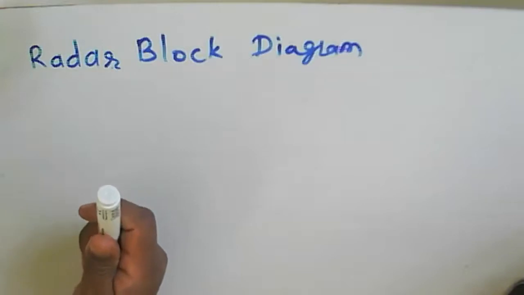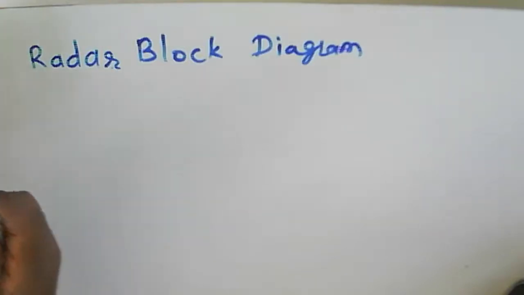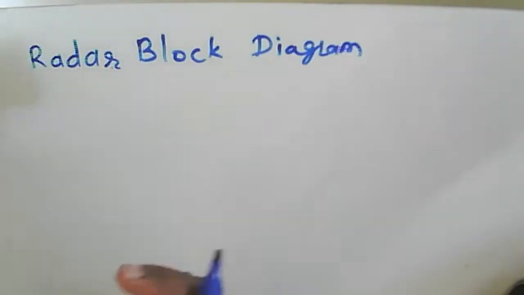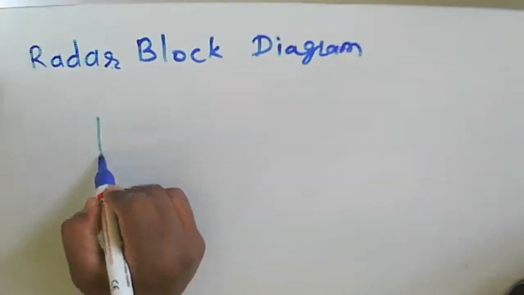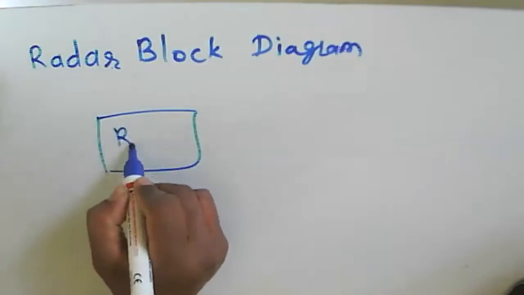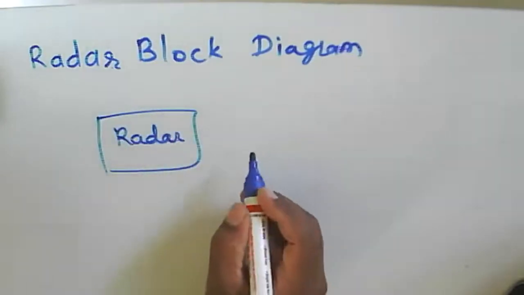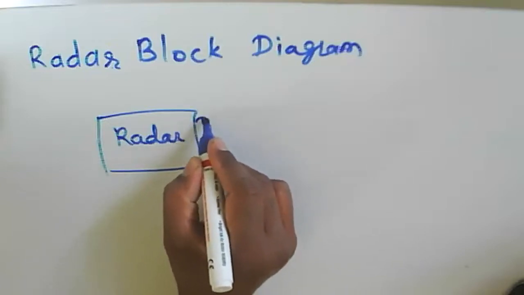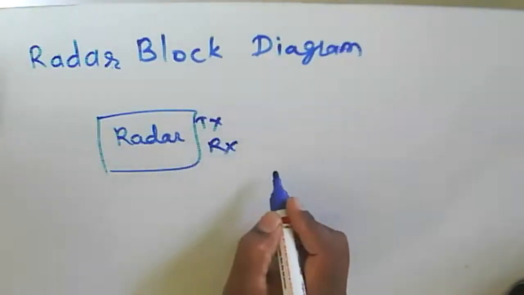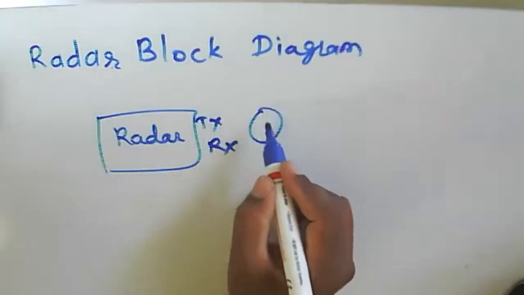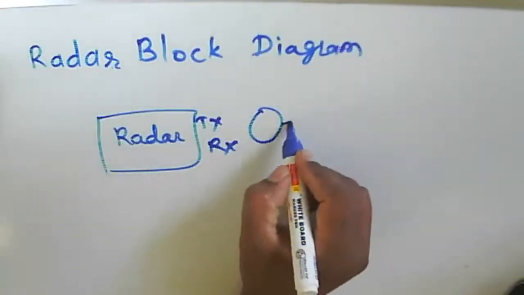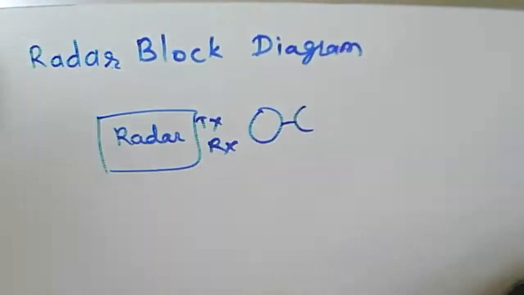In general, we have a transmitter and a receiver. Both devices are connected with a duplexer or a circulator, and that is connected to the antenna.